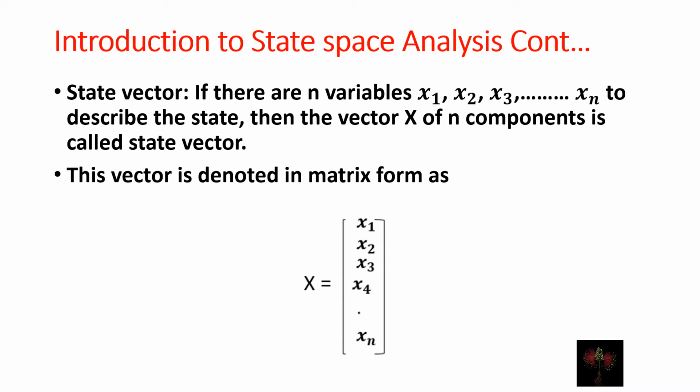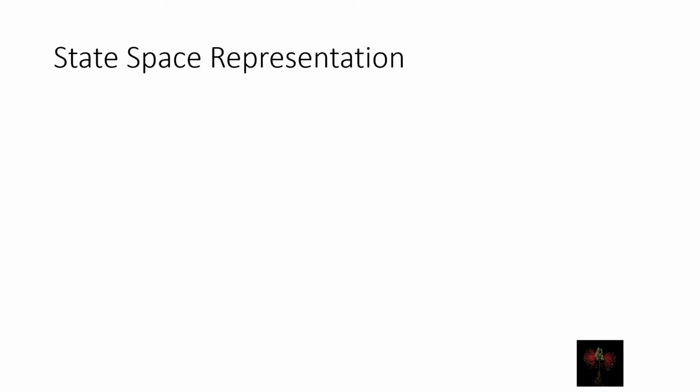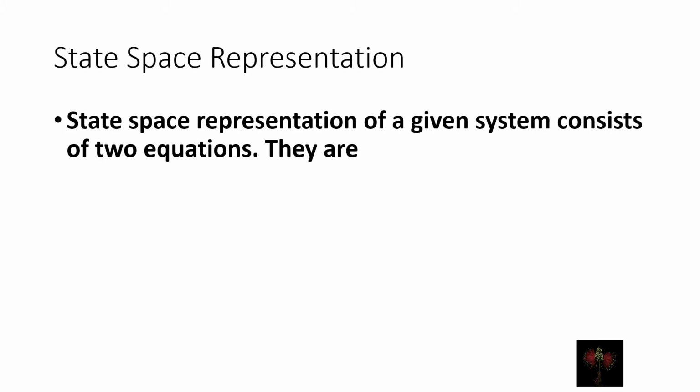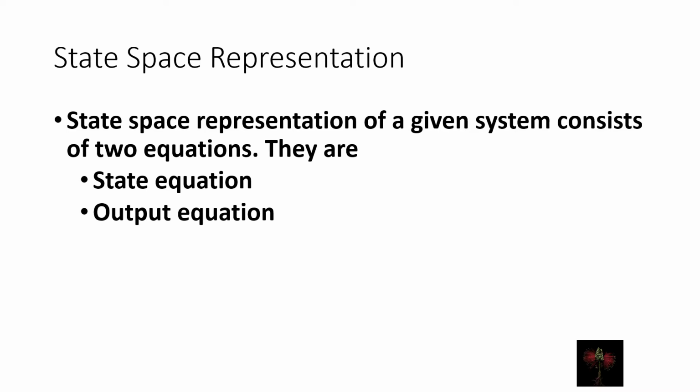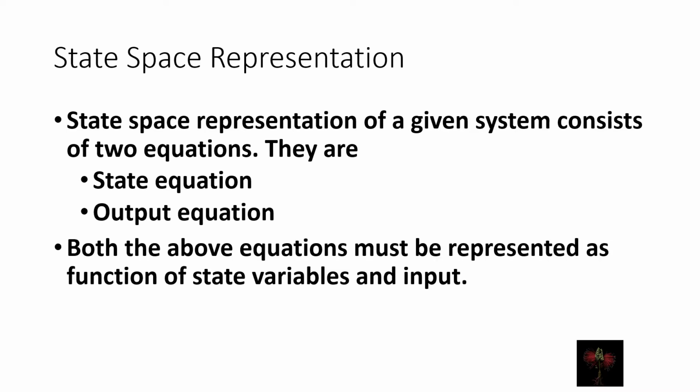State space representation. State space representation of a given system consists of two equations. They are the state equation and the output equation. Both the above equations must be represented as functions of state variables and input.